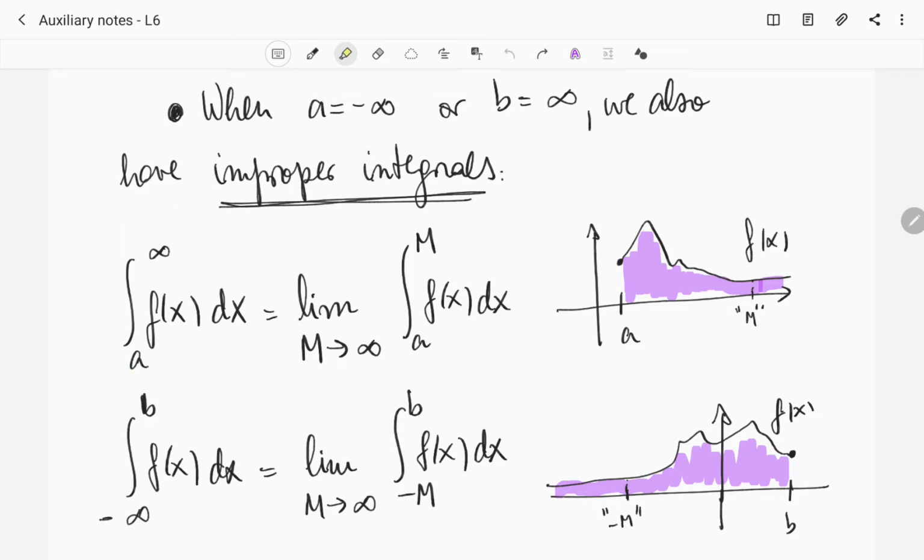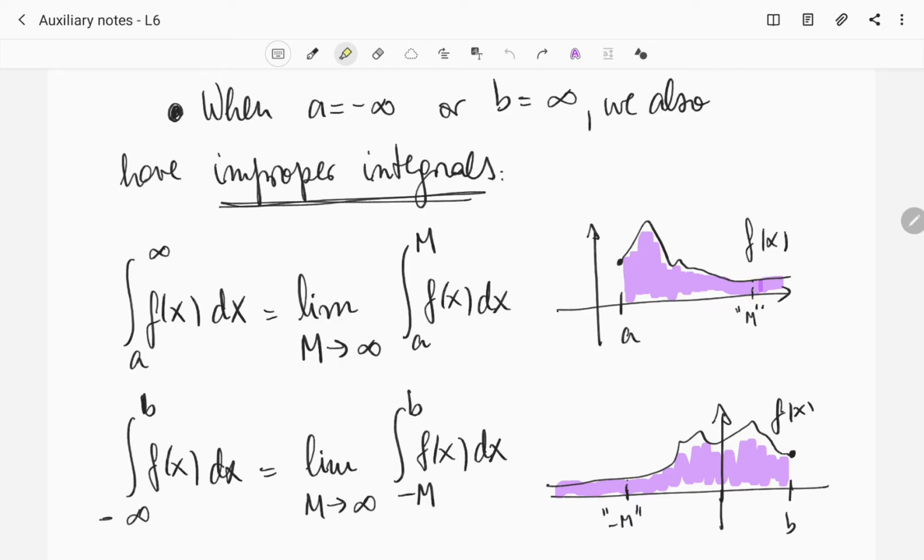Well, that means you start in a and you have f of x for every x greater than a. So you can stop at some value m, and you can compute this integral from a to m as a usual integral, like a proper one. And then you wonder what is going on at infinity. So then you take the limit of m going to infinity.